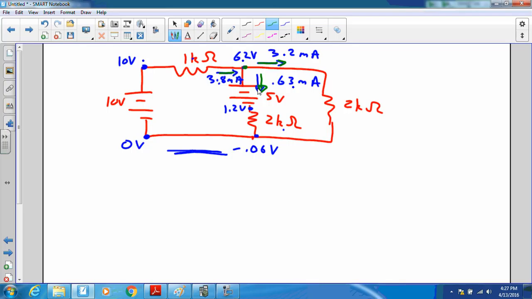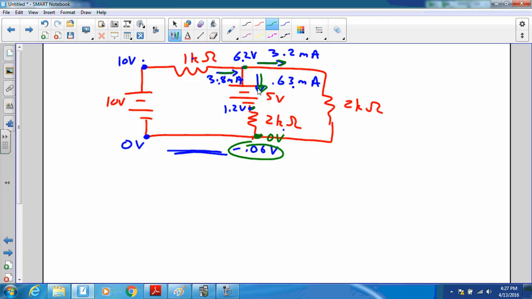And then finally, if I take the loop around on the right, I call this point 0 volts, ignoring the rounding error that I got right there. If I call that point 0 volts, and I go around clockwise here, then I'm going to be rising to get to 1.26 volts here.